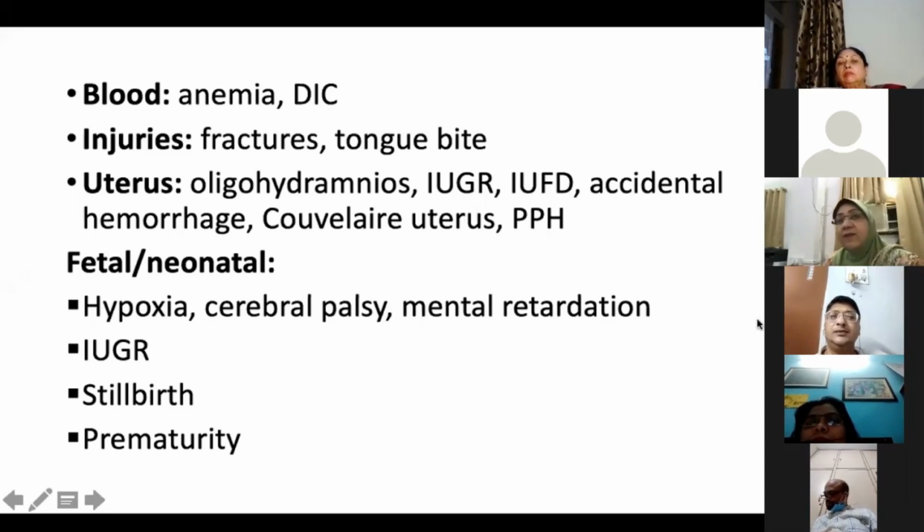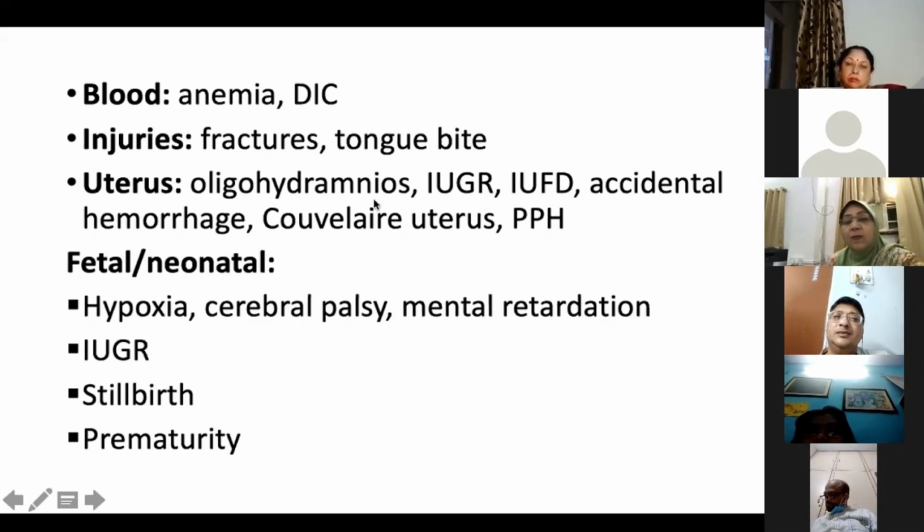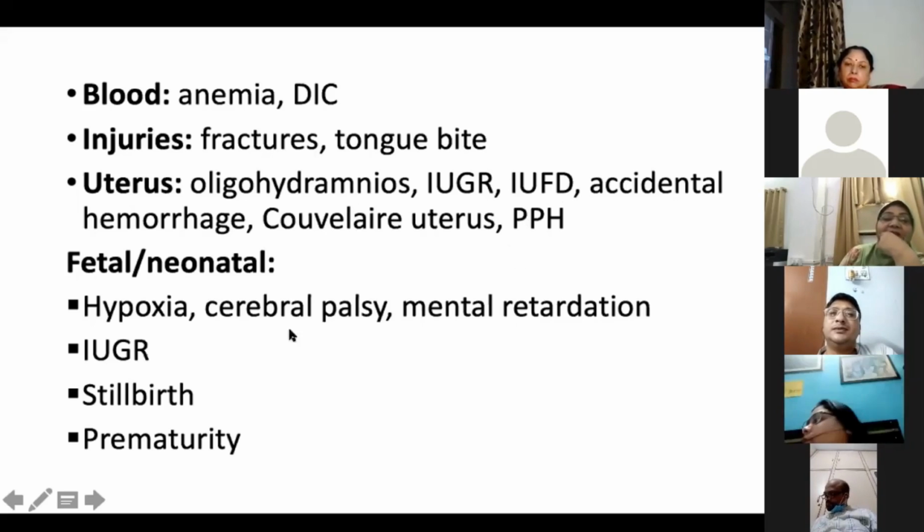I told you that once the clot has formed, now the other repair mechanism of the body takes over, that of canalizing the vessel back into functioning vessel. So now what will happen? The fibrin degradation products will also increase. Then because of the convulsions, these complications may occur. Then uterus, we already talked about all these, and I also told you that she is at a higher risk of PPH, postpartum hemorrhage, because of the coagulopathy that is there.